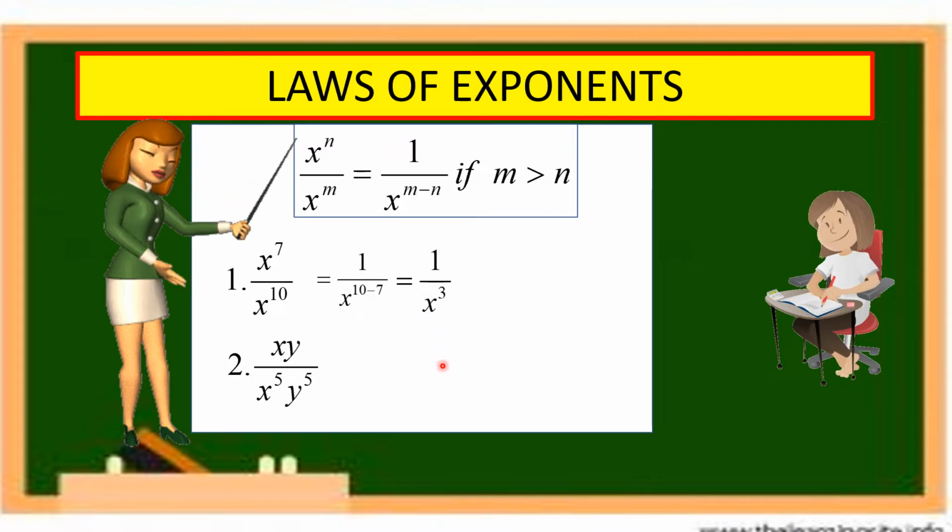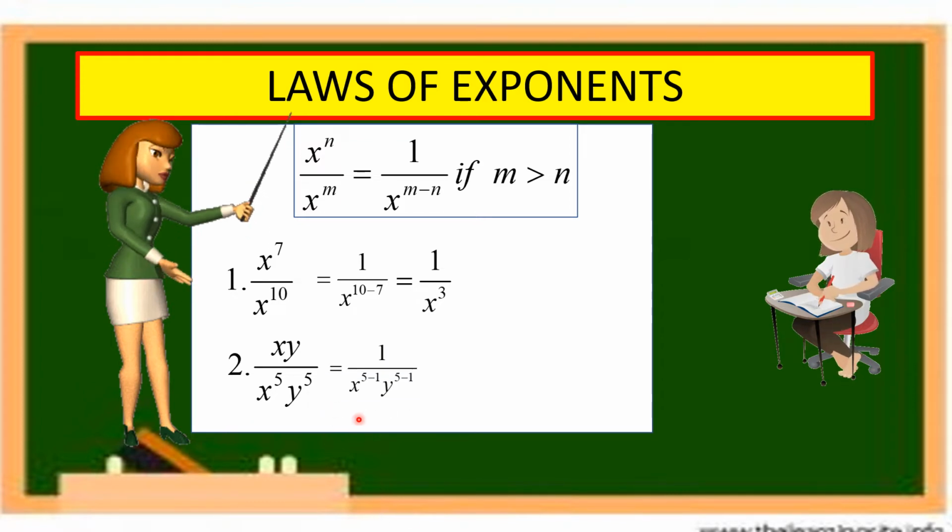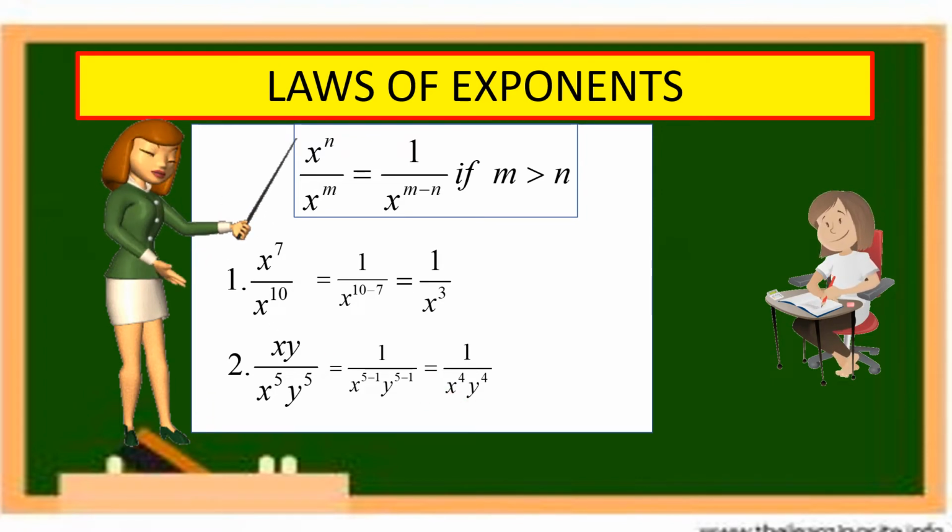That is 1 over x cubed. We are in the next number. xy divided by x raised to the 5, y raised to the 5. It will become 1 over x raised to 5 minus 1, y raised to 5 minus 1. It will become 1 over x raised to the 4th power, y raised to the 4th power.